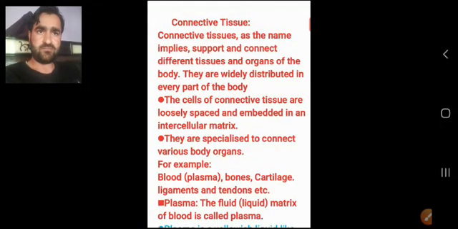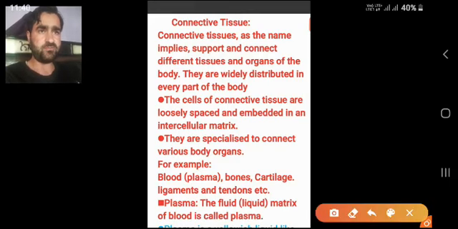Connective tissue, as the name implies, has the main function of providing support and connecting different tissues and organs of the animal body. So it provides support and connects various organs of the body. The cells of connective tissue are widely distributed in every part of the body. The cells are loosely spaced and embedded in an intercellular matrix.